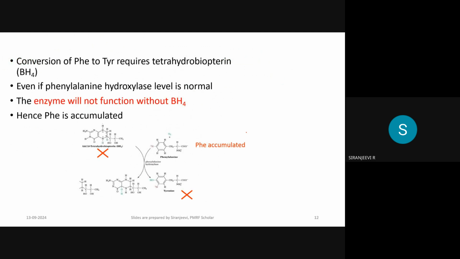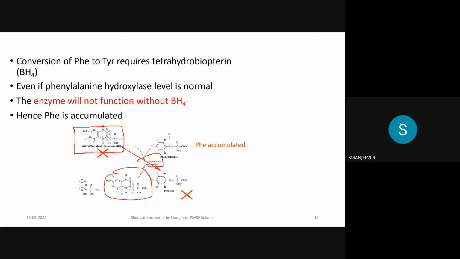So how does this happen? Not only in the phenylalanine hydroxylase thing. Suppose the cofactors responsible for the phenylalanine hydroxylase action, for example here we know that the tetrahydrobiopterin, this cofactor is not available or the coenzyme is not available, then that also leads to the phenylalanine accumulation, because this cofactor or coenzyme is really really important for the phenylalanine hydroxylase function.